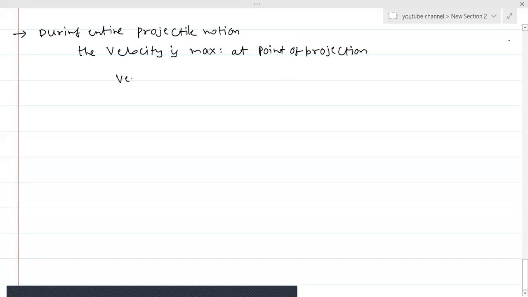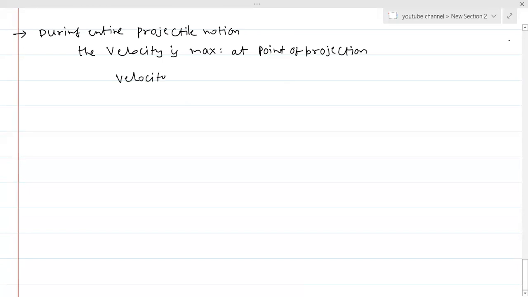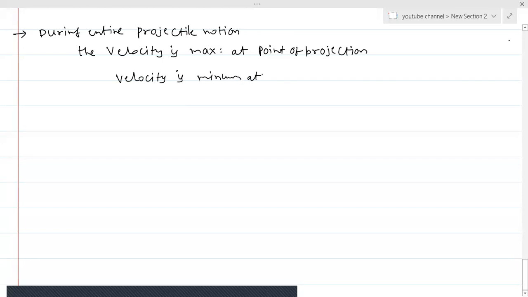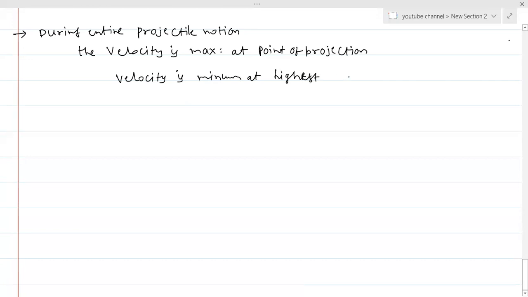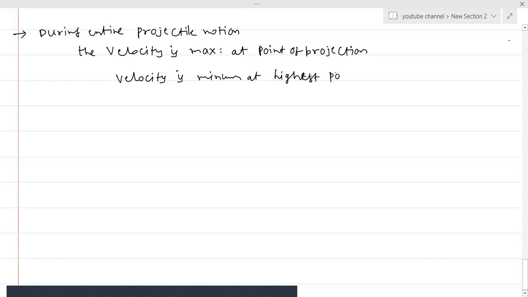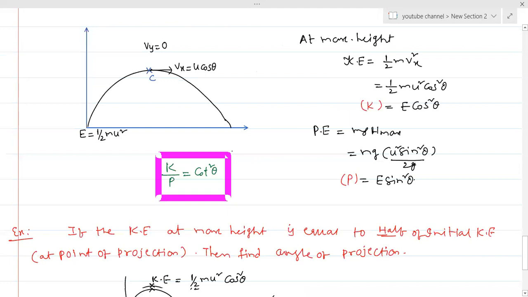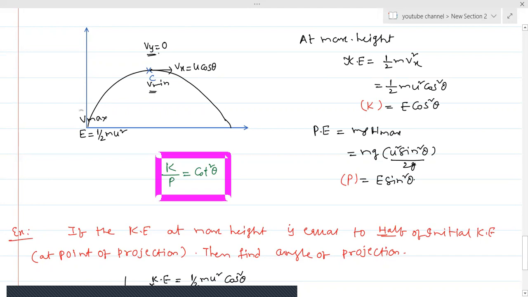And we need to understand that the velocity is minimum at the highest point, because there we have only the horizontal component and the vertical velocity is equivalent to 0. From the diagram, it can be understood that here we have the maximum velocity and here the minimum velocity, because this is the only point where the vertical velocity is equal to 0.